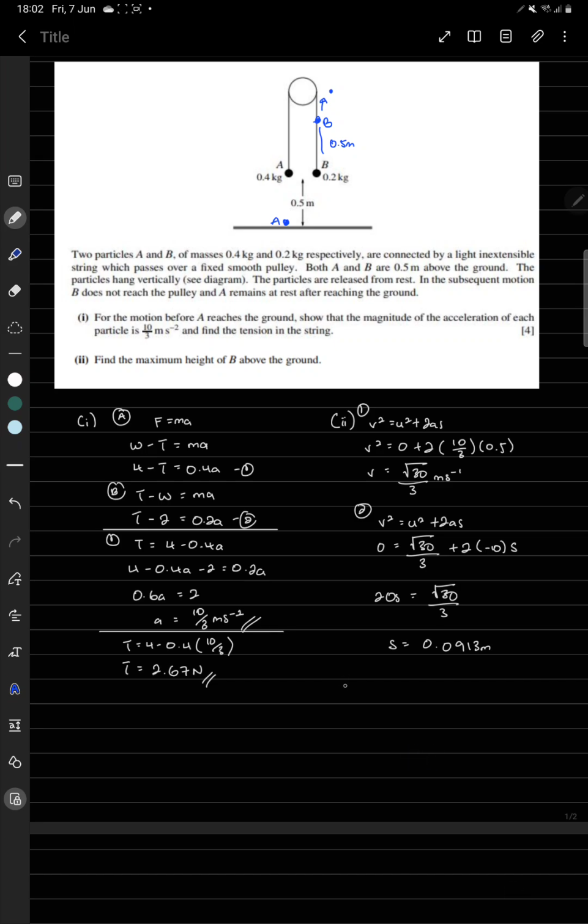So the formula for the last part is just 0.5, which was the initial height, plus 0.5 of how much B traveled in relation to A, then plus 0.0913 for the free fall motion. We add all of these up and we should get 1.0913 meters, and that is the maximum height that B can achieve above ground.